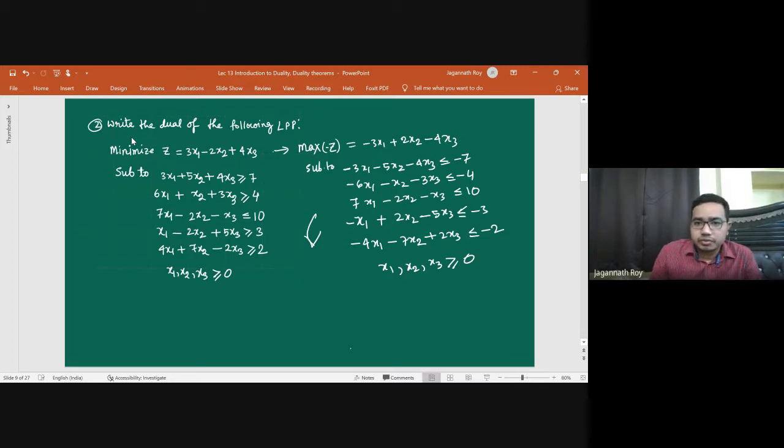So the problem will now become: minimize w equals minus 7y1, then again minus 4y2, then plus 10y3, minus 3y4 and then minus 2y5.